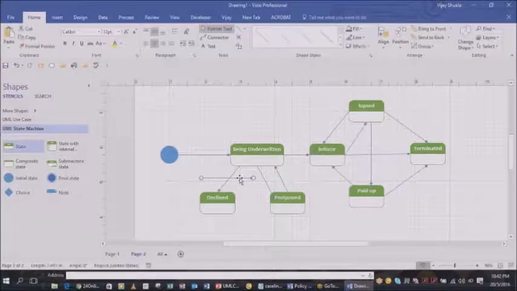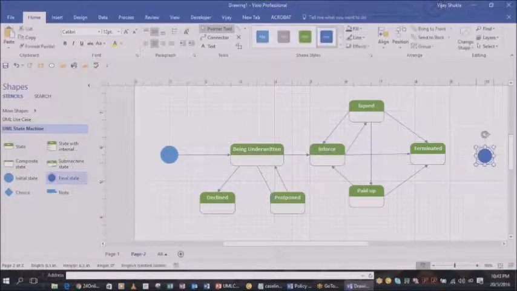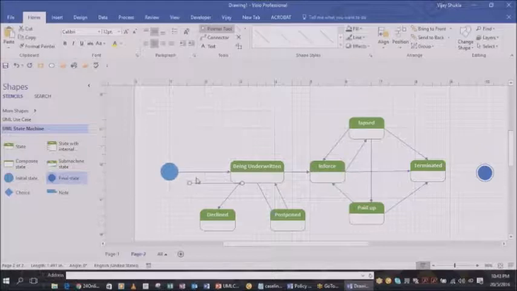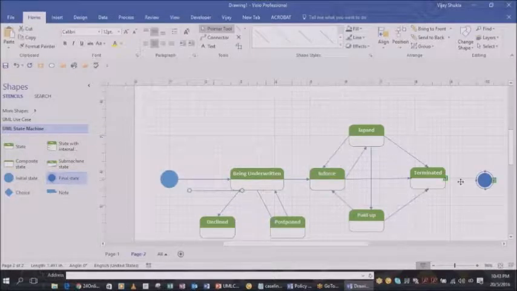And once the policy becomes terminated, it is the permanent state, and after this is this arrow for the final pseudo state. So we attach it here.